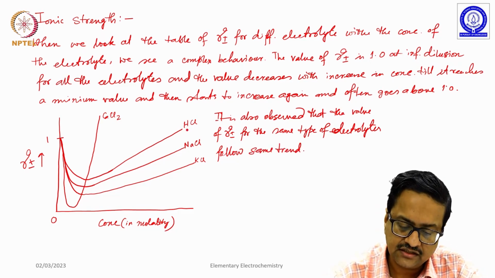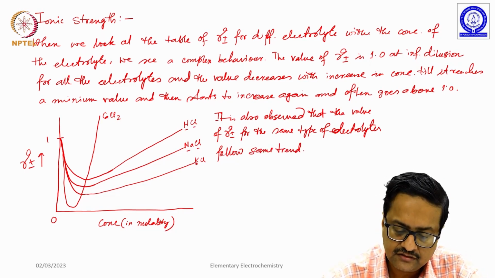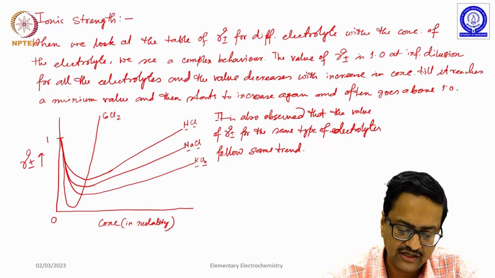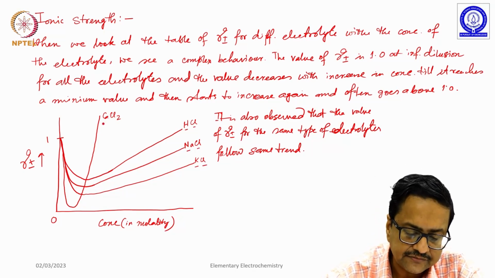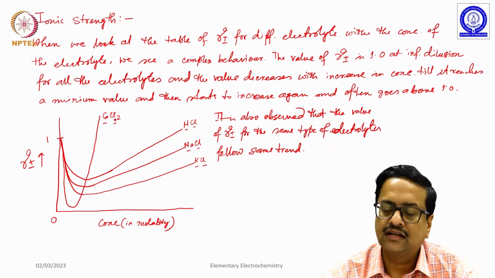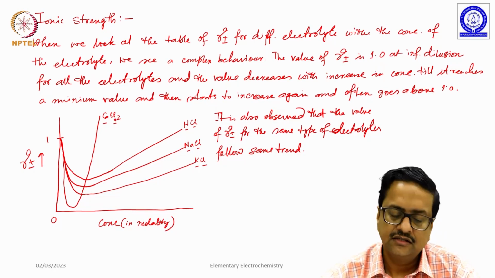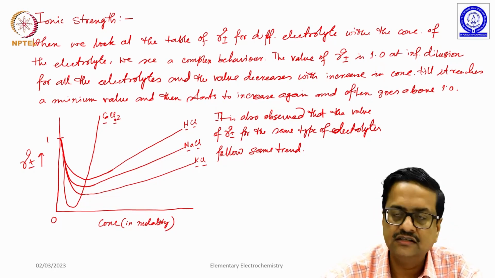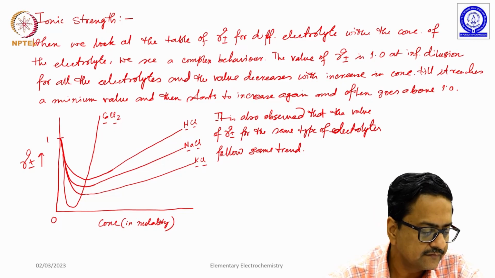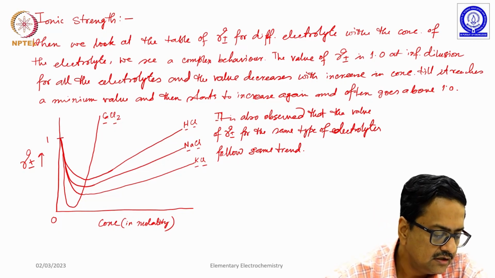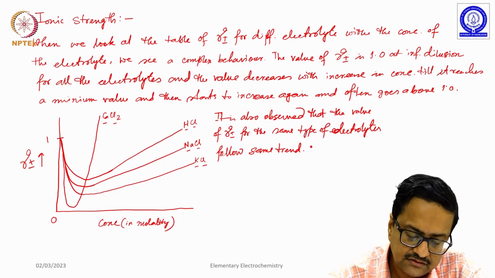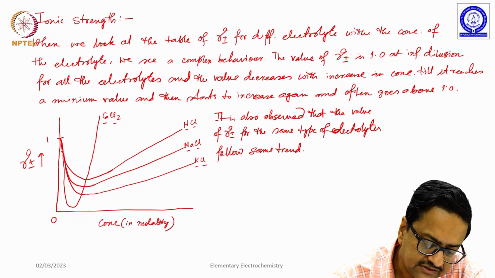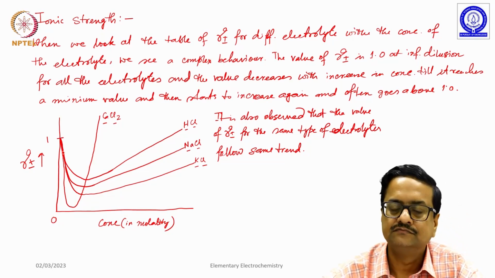That is, here you have univalent, they follow a similar trend, where you have bivalent versus univalent electrolyte, the nature that you see is different. And most of them are very similar at low concentration.